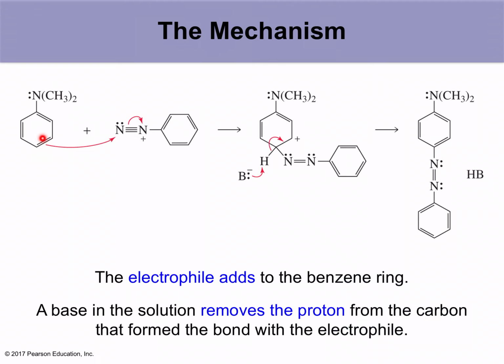So basically, since this is a bulky group, it will go from the para position, ortho-para directors. So the para position acts as our nucleophile. So this is the electrophile with the positive charge attached to this nitrogen. The triple bond now will become a double bond. And then the pi bond breaks up and gives its electrons to this nitrogen.